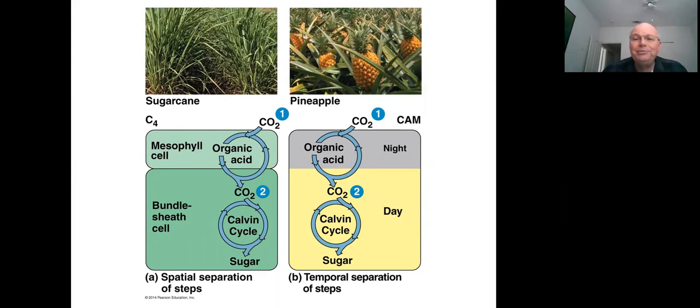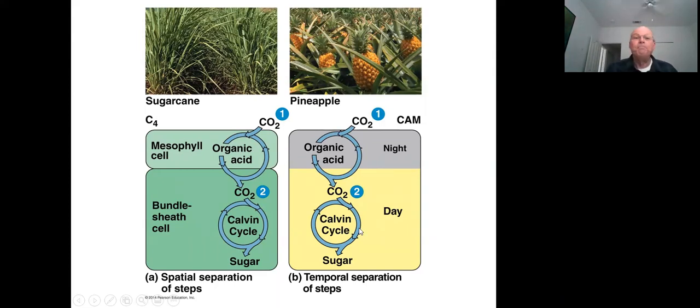When night comes around, the starch is mobilized, the glucose is released, and processed through glycolysis until you get to the PEP. The PEP is now available to bind carbon dioxide to, so that you get the oxaloacetate and the malate, which is stored in the central vacuole during the night until you have light energy during the day to process it.